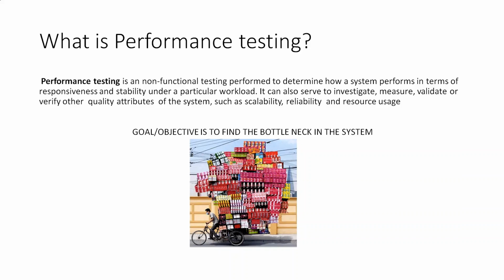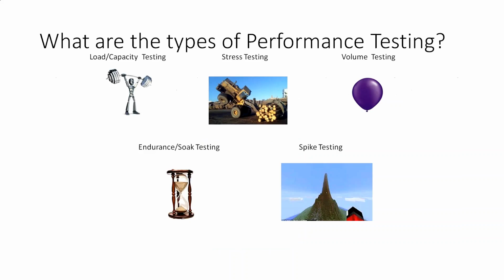As you can see here, there are different types of performance testing. The first and the basic is load testing. Load testing is nothing but loading your application, or running a performance test with an average or a peak number of users. Any application has a production log, right?